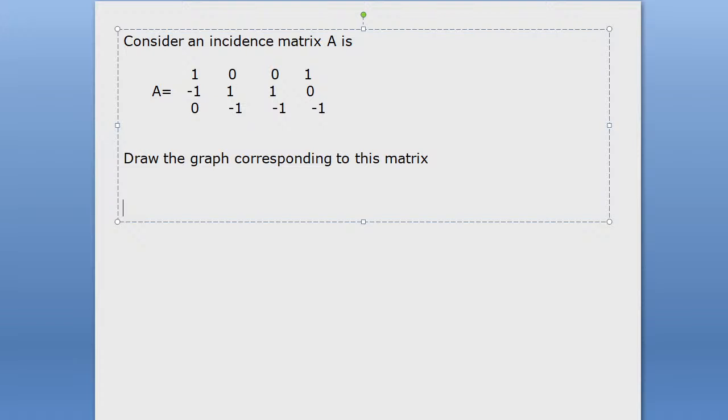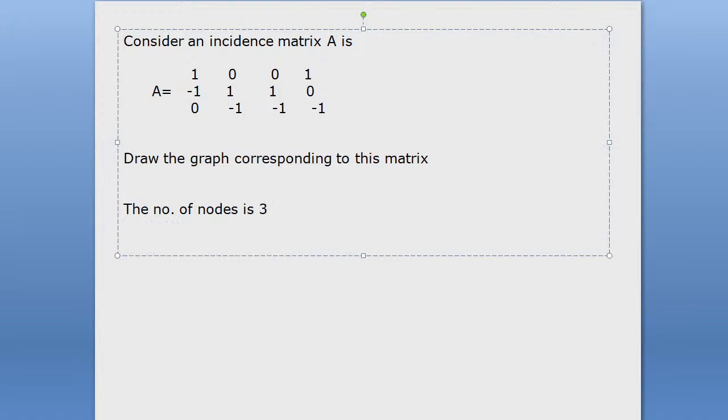So for solving this problem, we will first write the number of nodes. How many nodes? You see, the rows correspond to the number of nodes: 1, 2, 3, so 3. Everyone try to understand this. The number of branches: how many? 1, 2, 3, 4. The number of columns is 4.